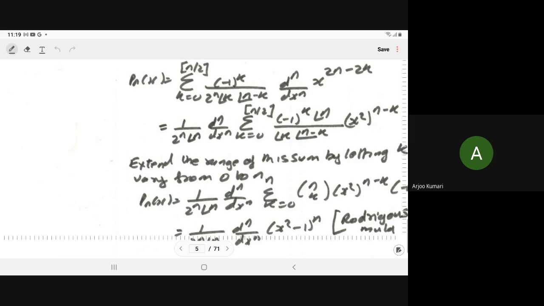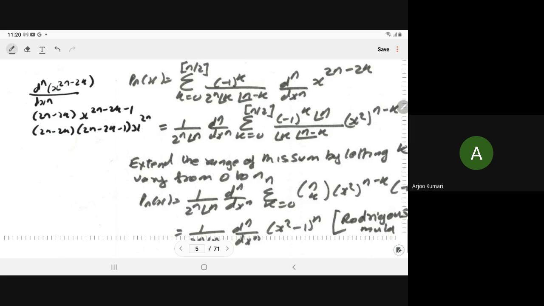Now what is the nth derivative of x to power 2n minus 2k? The first derivative is 2n minus 2k times x to power 2n minus 2k minus 1. The second derivative is 2n minus 2k, 2n minus 2k minus 1, x to power 2n minus 2k minus 2.